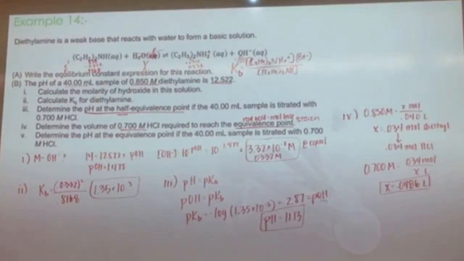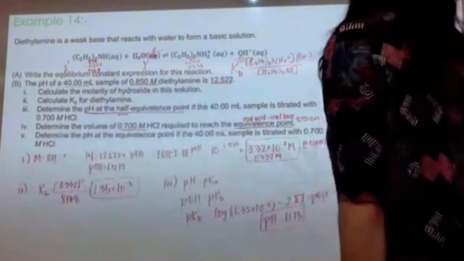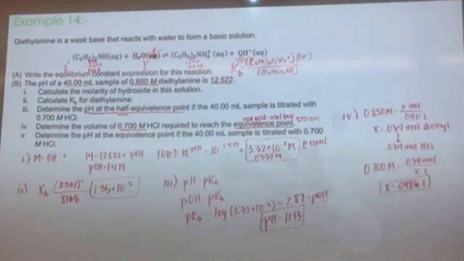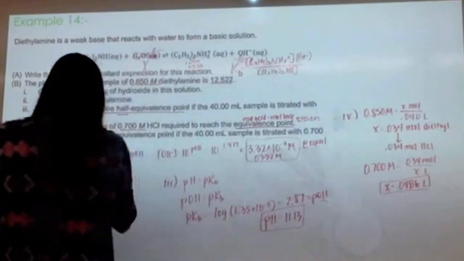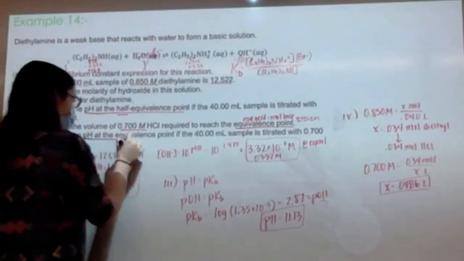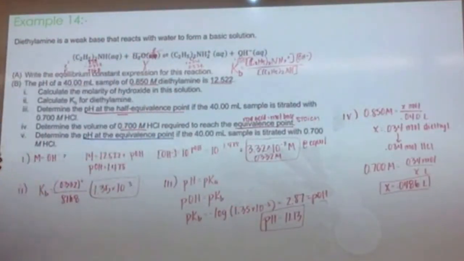Now part 5. This is where the work really happens with titrations. Determine the pH at the equivalence point. The pH at the equivalence point is not just stoichiometry unless it's a strong acid, strong base titration.